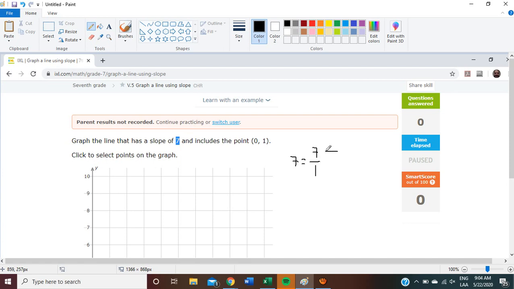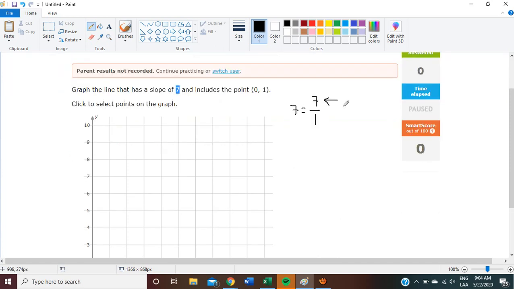The numerator, or the number that is above, is going to increase the y-axis if it is positive, and the number below, the denominator, is going to increase the x-axis.